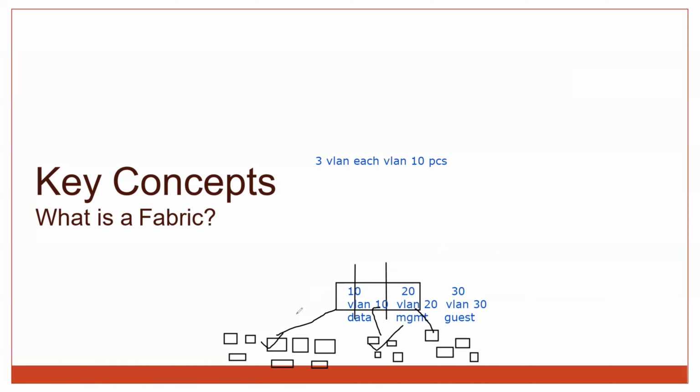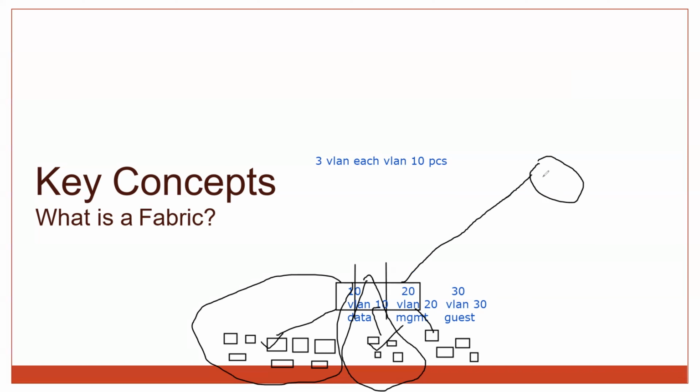How will they communicate, because VLAN 10 has a different IP subnet and VLAN 20 may have a different IP subnet. So in that case, either these switches will be intelligent enough to do routing within the switch itself, or if these switches are not that intelligent, then you will connect one router.